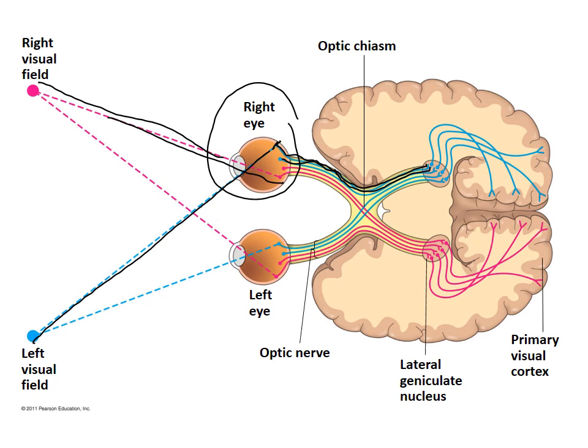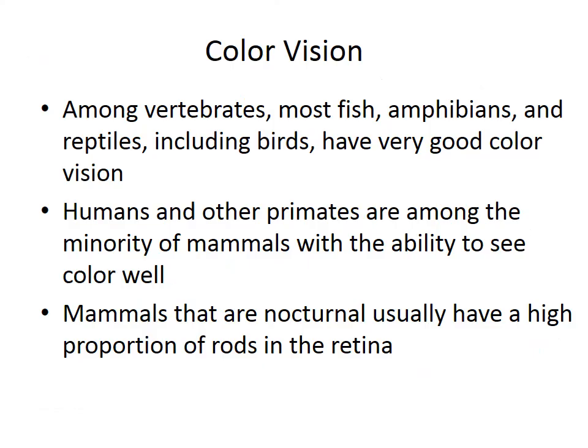But what you also see is that in this right eye, there's a right visual field, and the information is sent not to that side, but to the opposite side, to the other lateral nuclei. So it's crossed, and the opposite happens in the left eye. So the information is now crossed from both eyes, and that's why these nuclei have to integrate the information to make sense of what we are seeing, and then they send the information on to the primary visual cortex so we can think of it as an image.